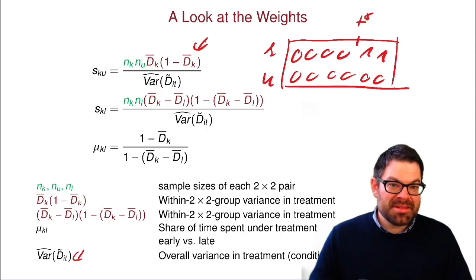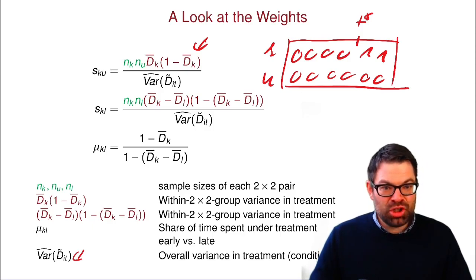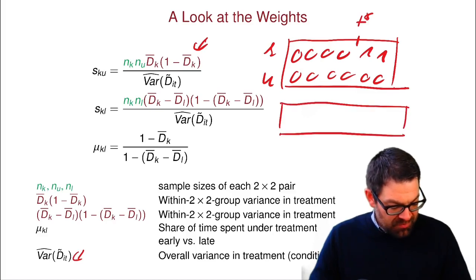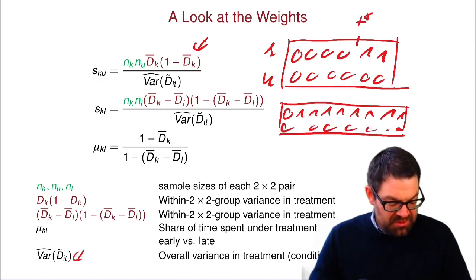That group has a different variation in treatment relative to, for example, a group where the treatment happens at the very start, so maybe in the second period, right? And so you have zeros here.